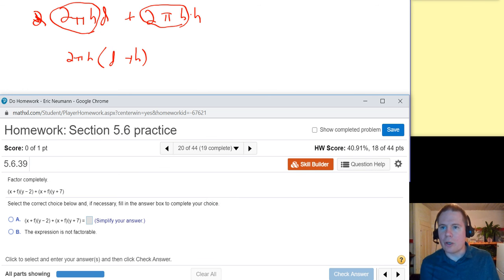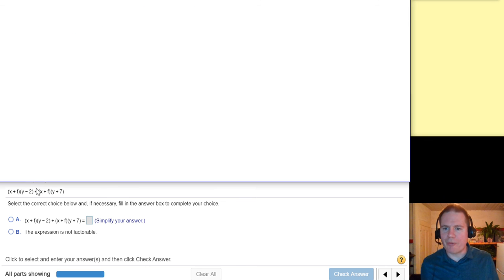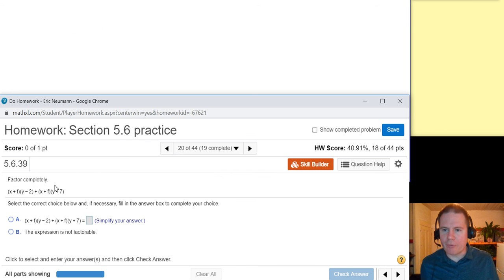Okay, now here's another one where we're factoring out a binomial, right? Factor completely, x plus f, that's a common factor. Whatever the values of x and f are, this part of the problem is going to give you the same value as this part of the problem. X plus f equals x plus f.